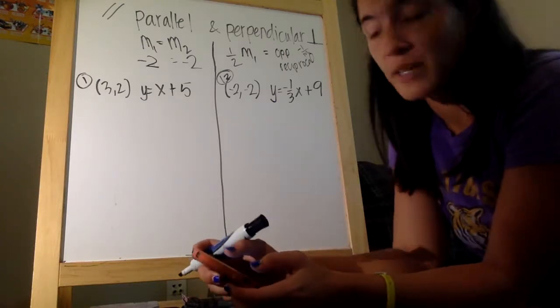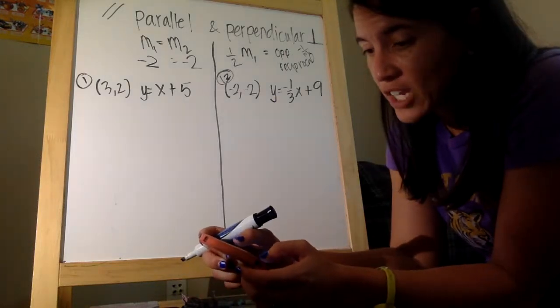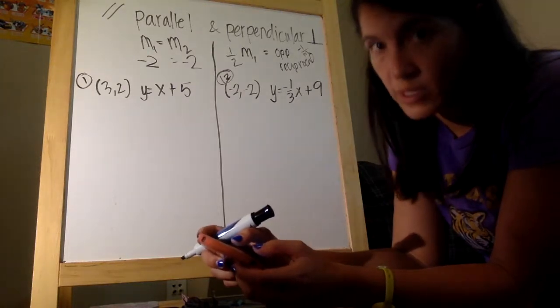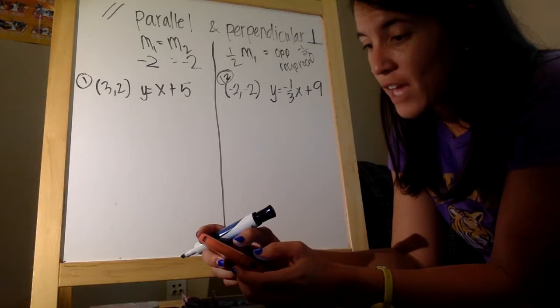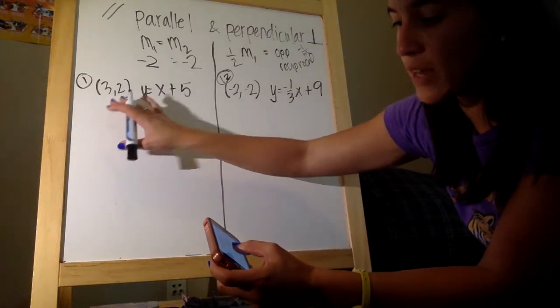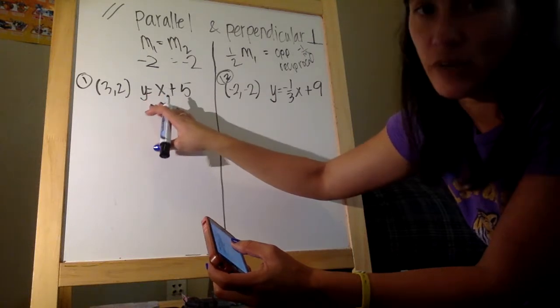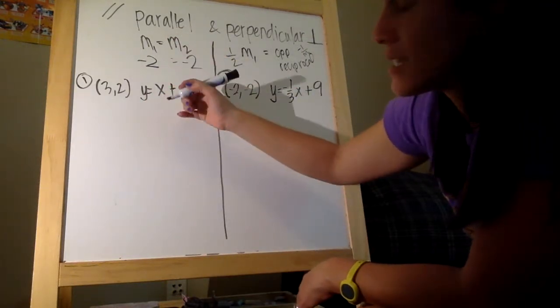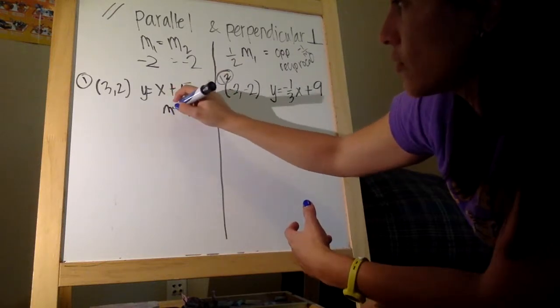Bye. Sorry. Write an equation in slope-intercept form. Slope-intercept form is y equals mx plus b, for the line that passes through the given point, and we want it to be parallel to this equation. If it's parallel, it has to have the same slope. So step 1 is to identify the slope you need.